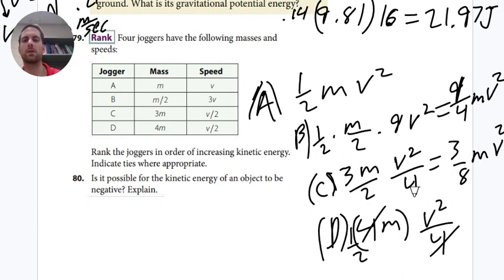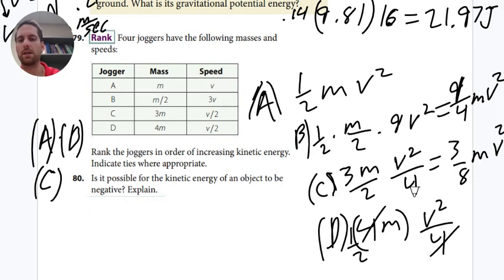So the answer, in order of increasing kinetic energy, the bottom is going to be C, it's 3 over 8. And then it's going to be A and D, which are tied, and looks like B is at the top.